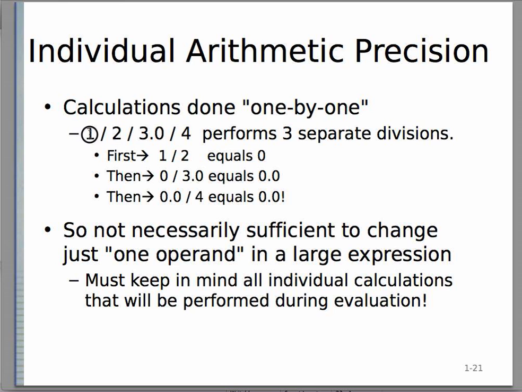That does not make this a double. This 1 divided by 2 is still an int. Okay, so that's the pitfall. So you must keep in mind that all individual calculations will be performed during evaluation. In this case, you go left to right because these divides are all the same precedence level.